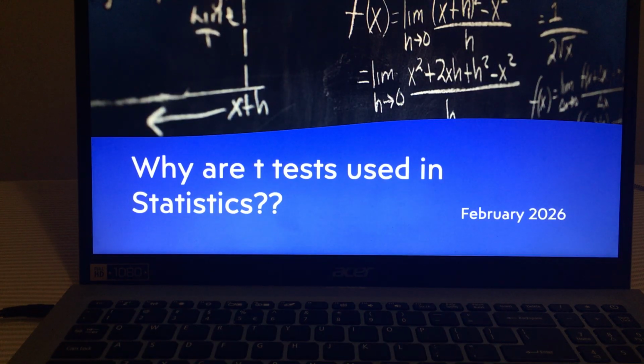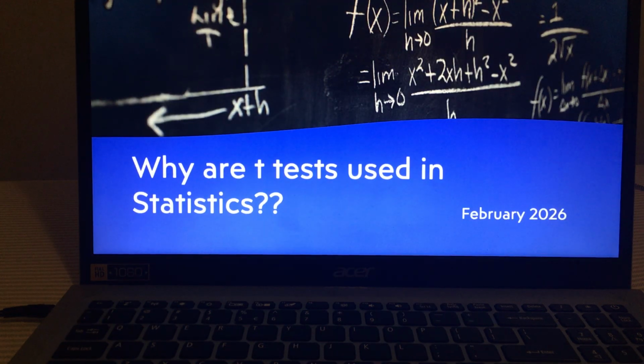So we don't know the population standard deviation, which is usually the case. So this test, the 1 sample mean t-test, is often attributed to William Seeley Gossett.